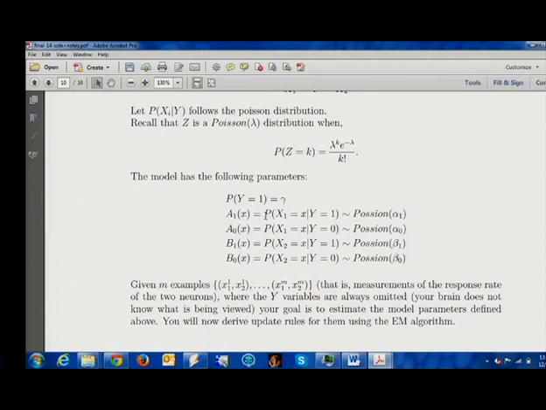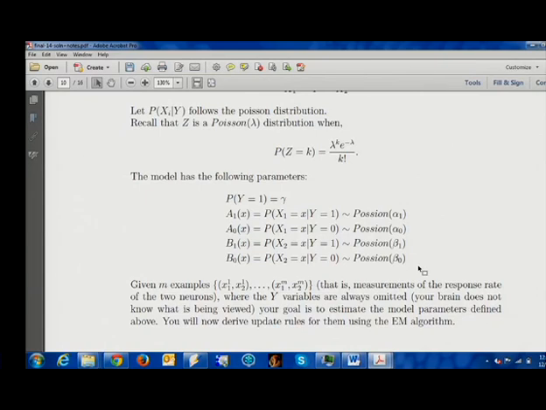And then we care about the probability of x1 being something given that y is 1, and x1 being something given that y is 0. And the same thing for x2. We assume that in these cases, these are Poisson distributions with different parameters. Any questions on the model?